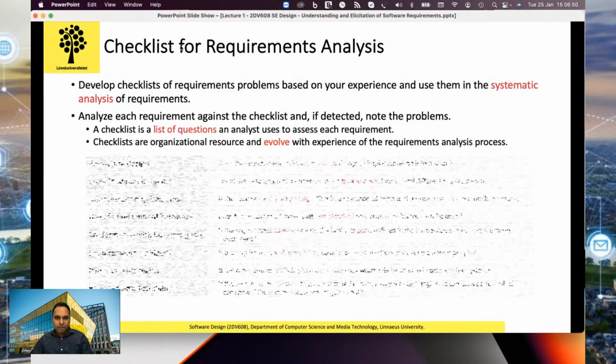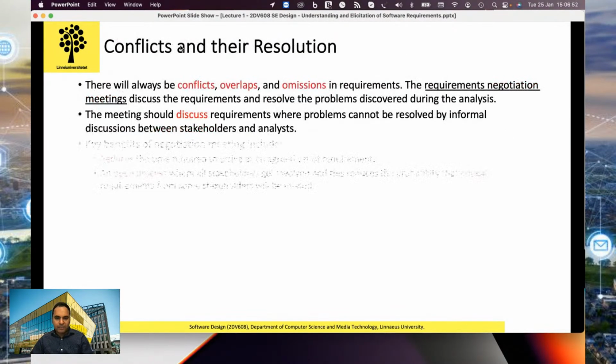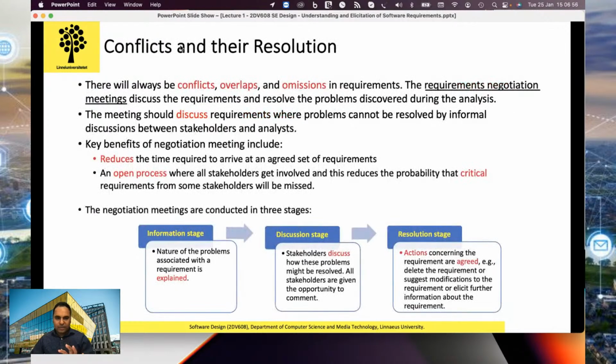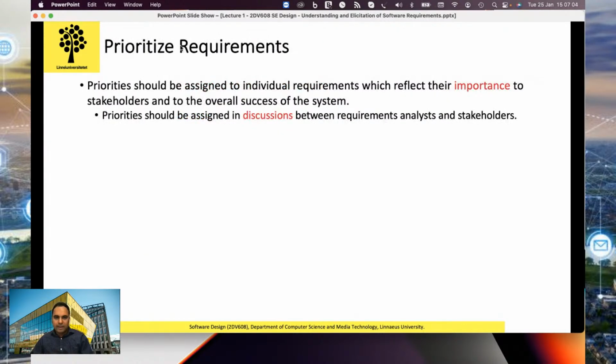Coming back to my previous slide, for the negotiation steps, we have these three steps: information, discussion, and resolution. And then once we analyze the requirement, now we are pretty close to the requirements document.